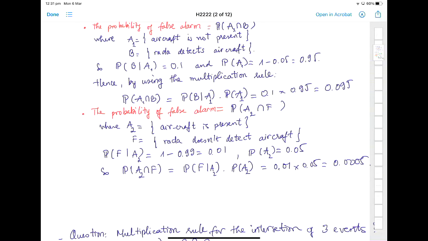This comes from the definition of conditional probability or from the multiplication rule. So you can compute the probability of the intersection of three sets.